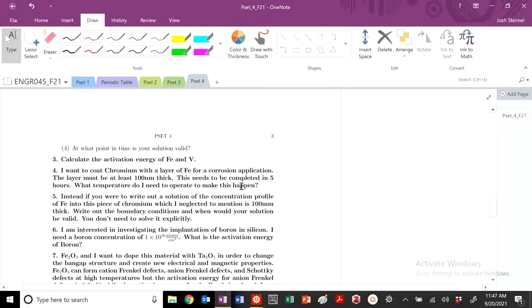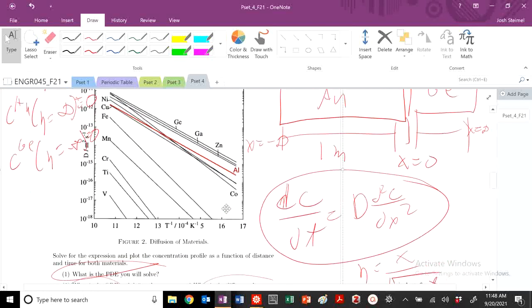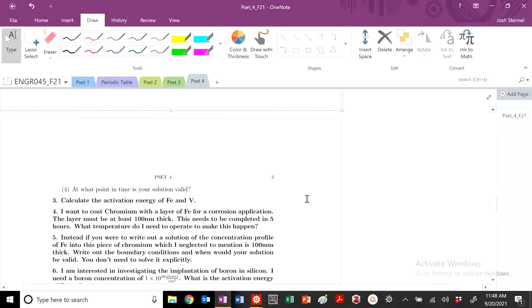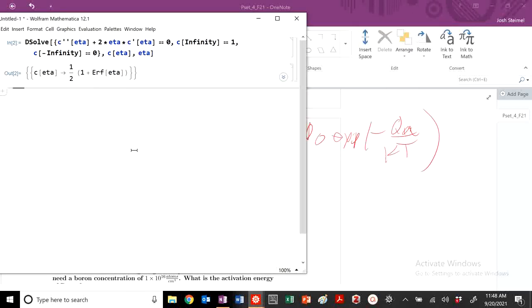Great. Now I need to calculate the activation energy of Fe and vanadium. So I know, for example, that my diffusivity is equal to D naught exponential minus Qa over kT, my lucky Arrhenius relationship again. So I'm going to start to define that.